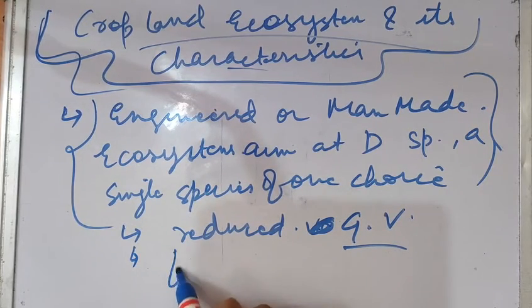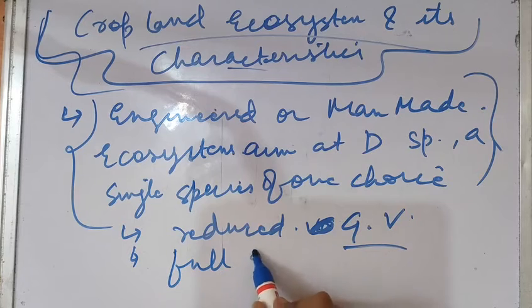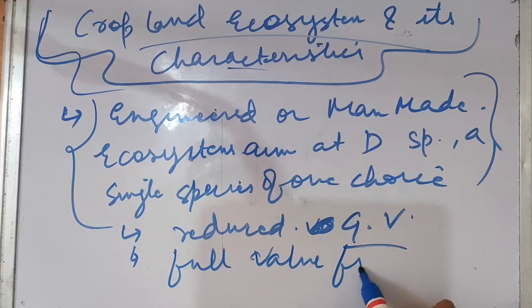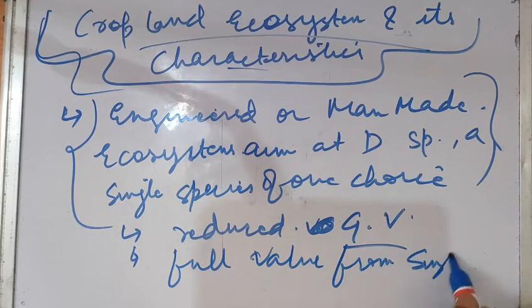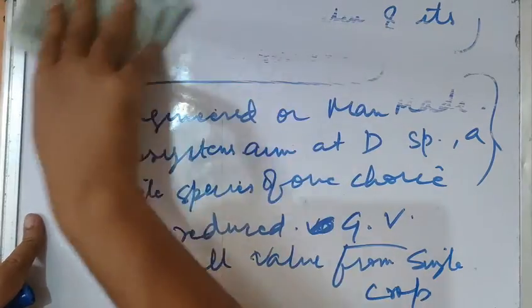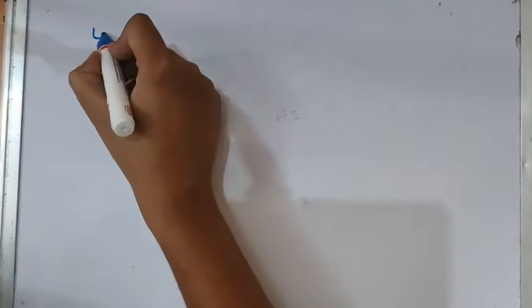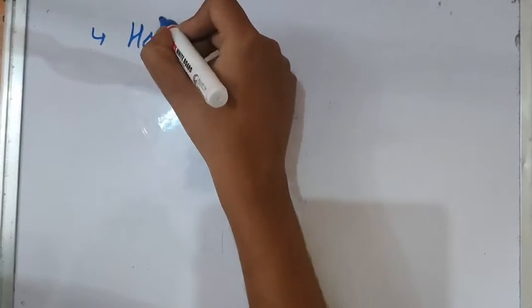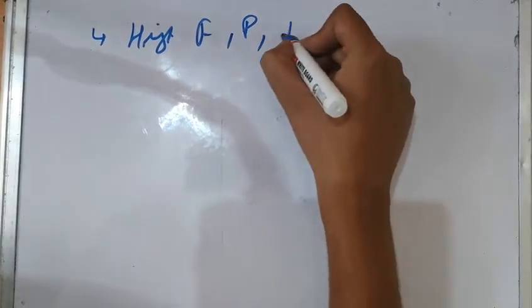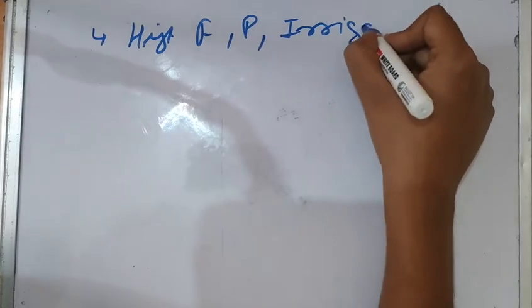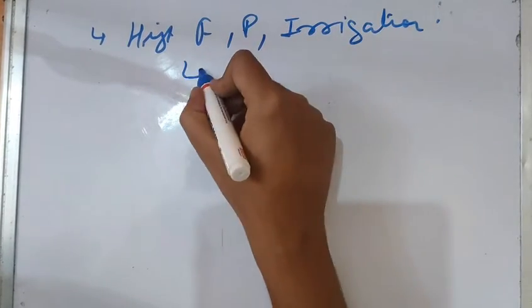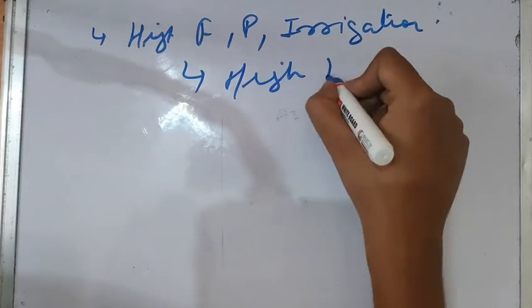Our aim is to get full value from a single crop, high quantity of production from a single crop. Next characteristics you can write: high use of fertilizers, pesticides, high irrigation, because we need high production here.